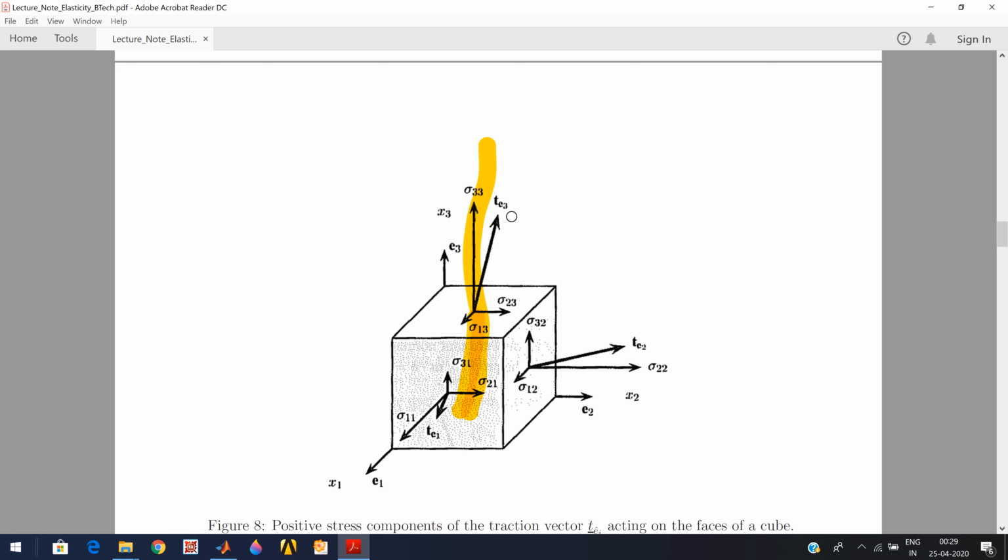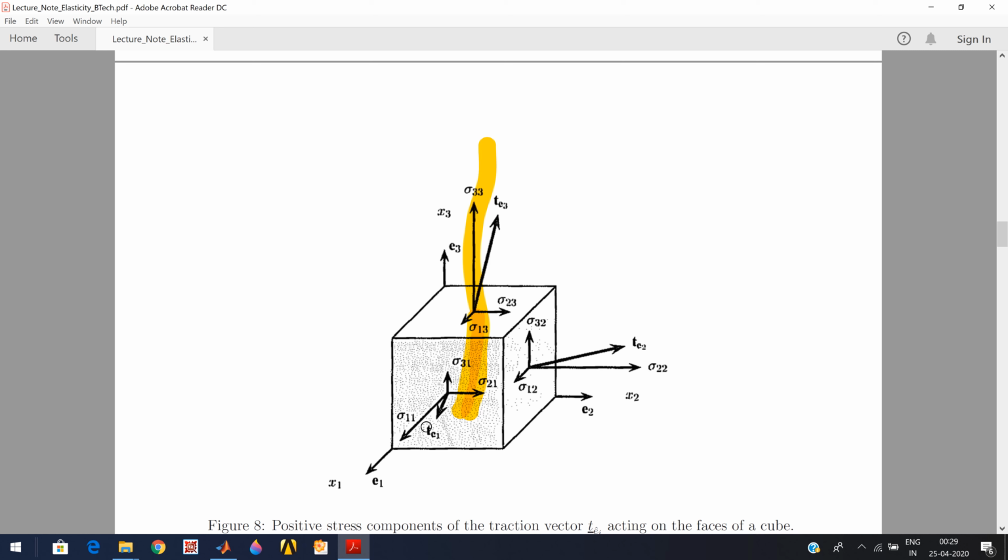Here, if we see the stress components, those having 3 as an index will not produce any moment because they pass through the axis. So these are actually passing through this axis, that's why the moment is 0.